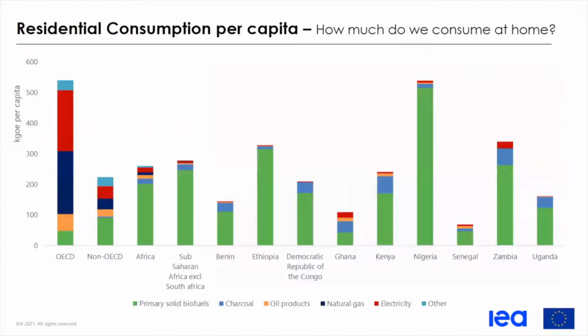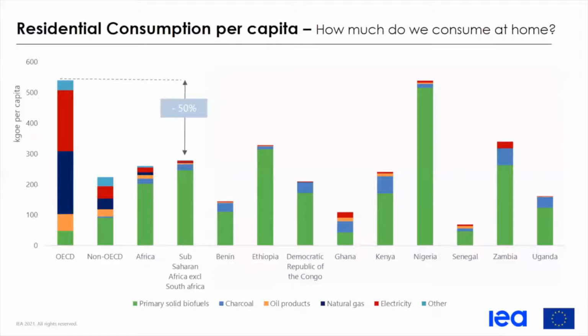Another indicator is the residential consumption per capita. So how much are we consuming at home? In this chart, we can see that the difference between OECD countries and sub-Saharan Africa is quite large.